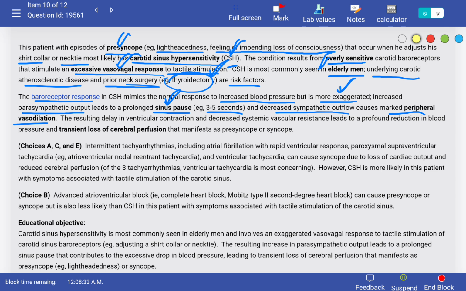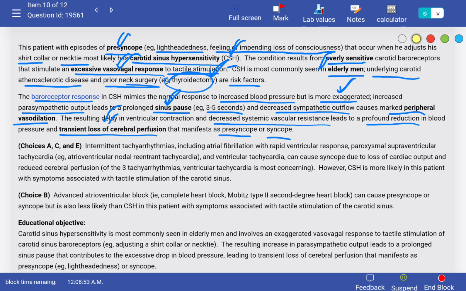The resulting delay in ventricular contraction and decreased systemic vascular resistance leads to profound reduction in BP and transient loss of cerebral perfusion, right? That manifests as pre-syncope or syncope.